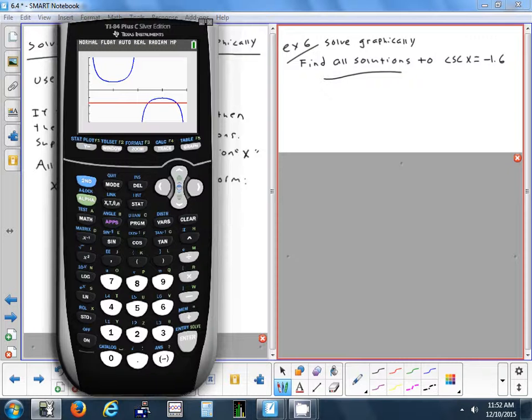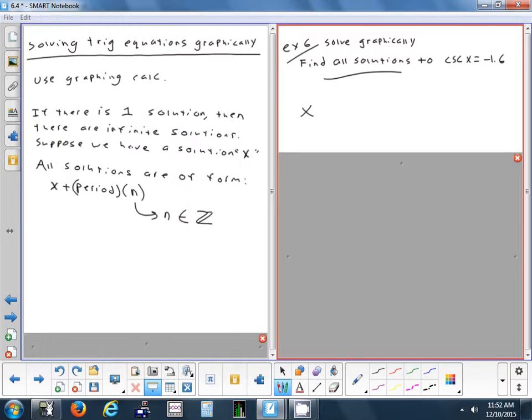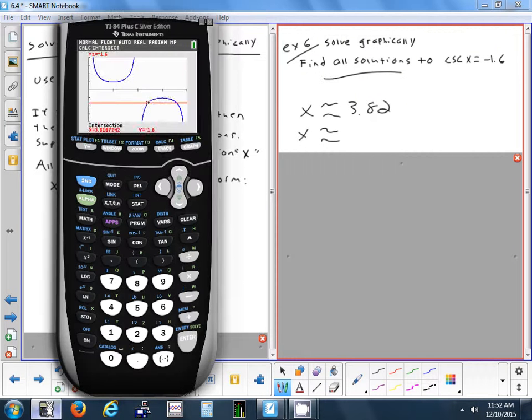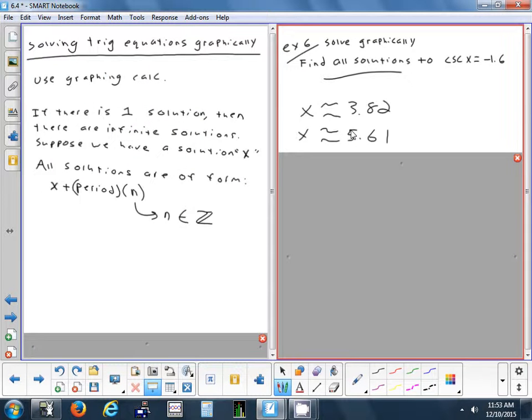Okay, let's find the two solutions by doing what? Intersect. Right, so we get about 3.82. And the second one, we get about 5.61. Now, what am I going to put after the 3.82 and the 5.61 to show all solutions?